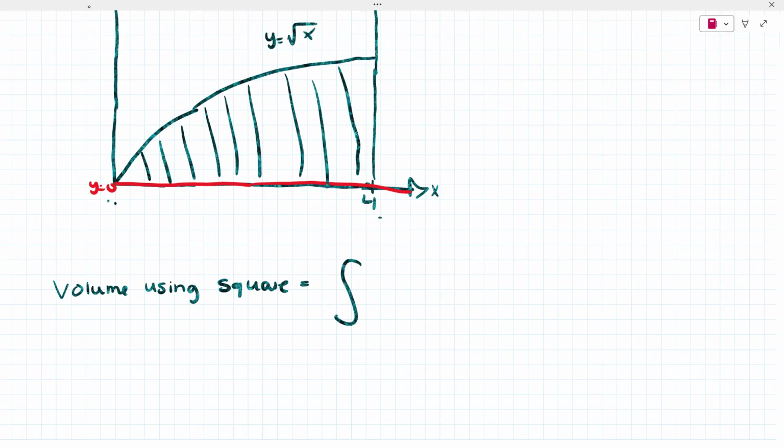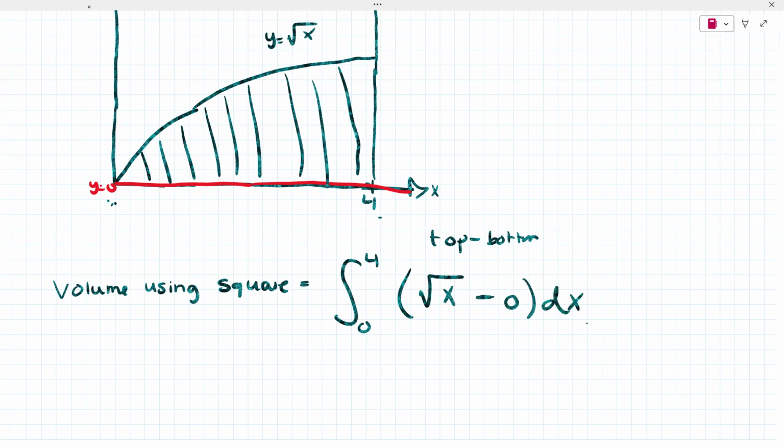So we start at 0 and we end at 4. And then it's going to be the top minus the bottom. So the top is radical x minus the bottom, which is y equals 0, or 0, and in terms of dx.